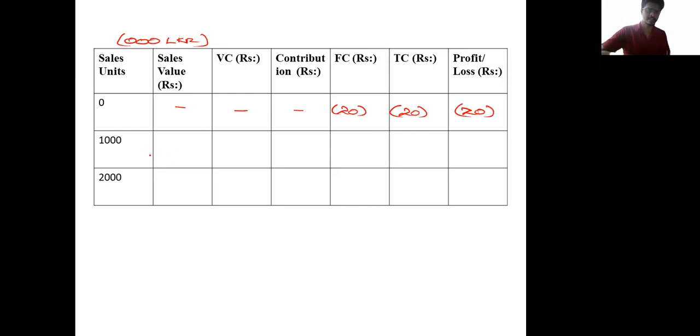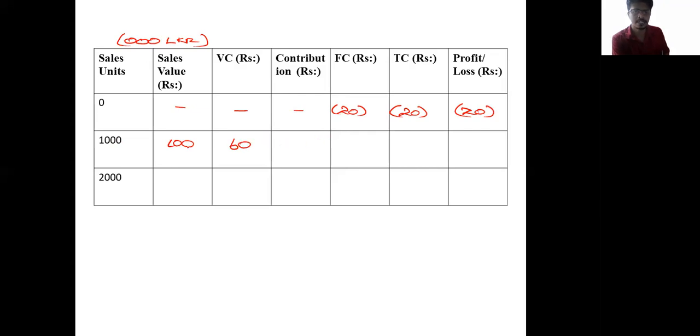Then when we are having 1,000 units of sales, per unit sales price is 100, number of units 1,000, then 1,000 into 100, and you can put 100,000. Variable cost per unit 60, 60 into 1,000, 60,000.